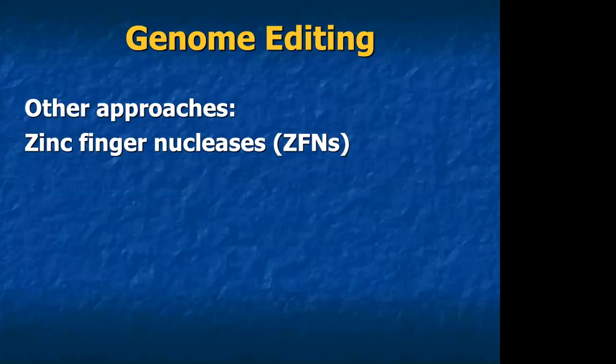This has been used for a while. However, it's a game of trial and error, modifying the zinc finger so that it recognizes the sequences you want it to recognize and not other sequences. So it takes a lot of time and a lot of expense to try and develop zinc fingers. But once you have them, they are very specific. There's no off-target effects.